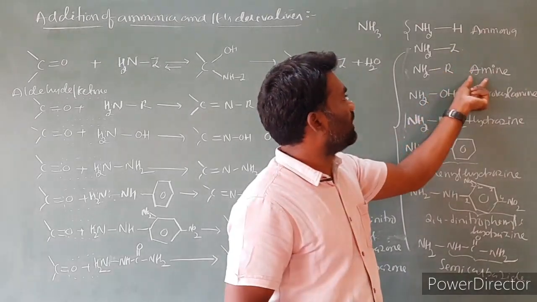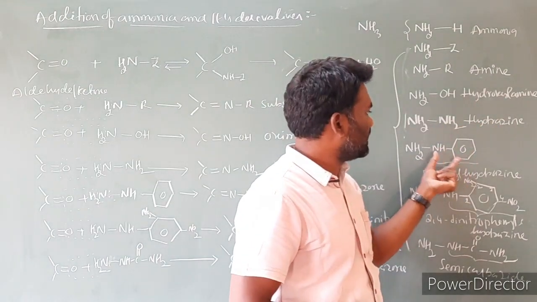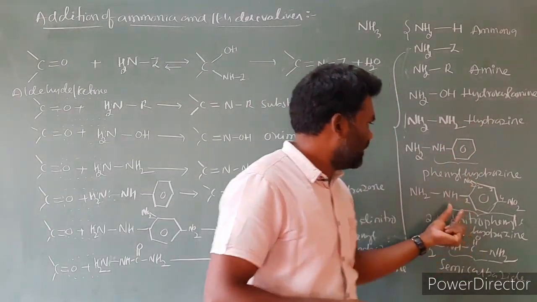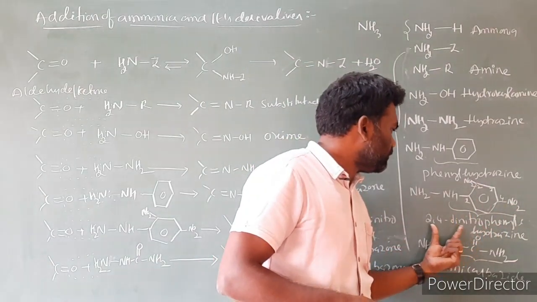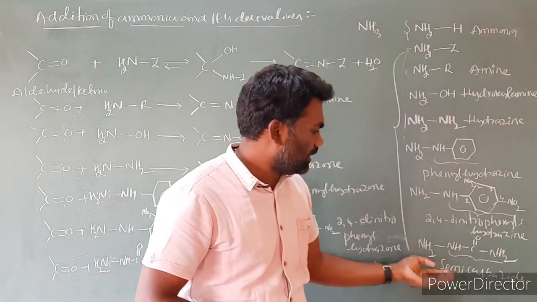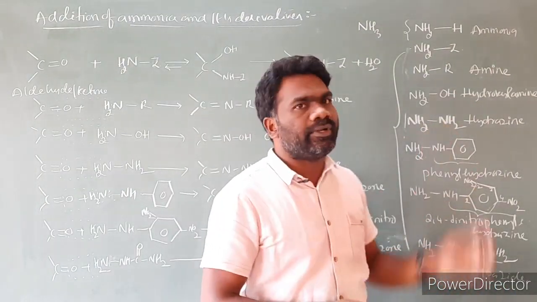If Z is the amine, Z is OH, hydroxylamine; Z is NH2, hydrazine; Z is NH benzene ring, phenylhydrazine; and NH with NO2 on the benzene ring is 2,4-dinitrophenylhydrazine; and this is semicarbazide. Z will change. All these are derivatives of ammonia.